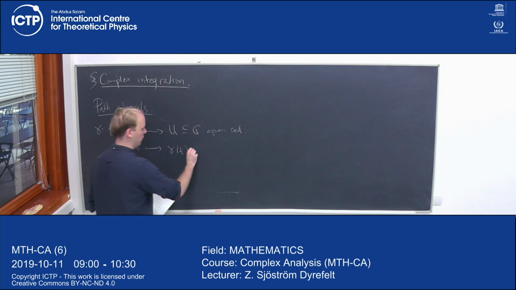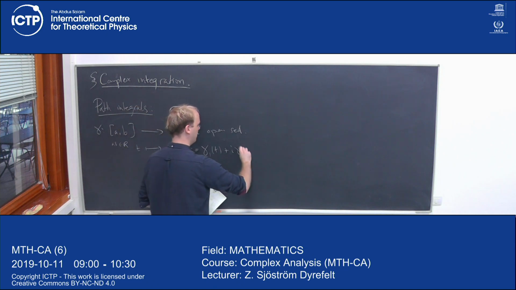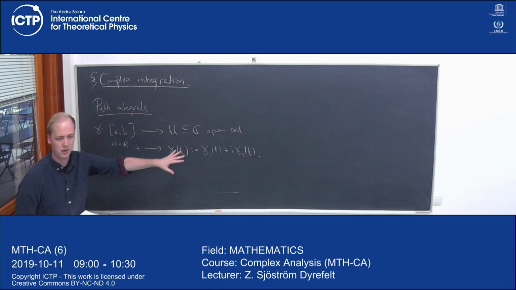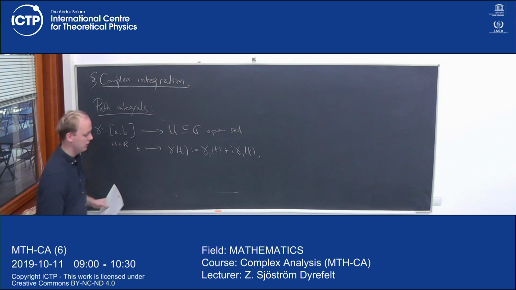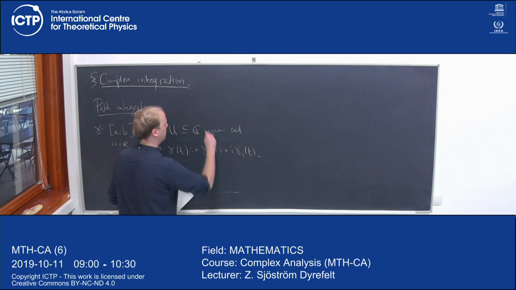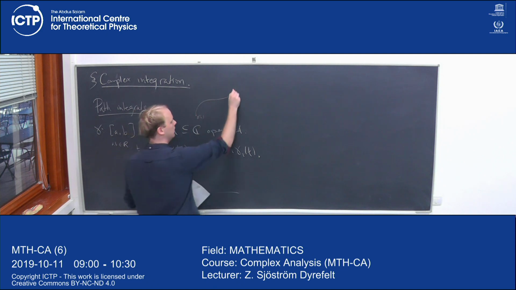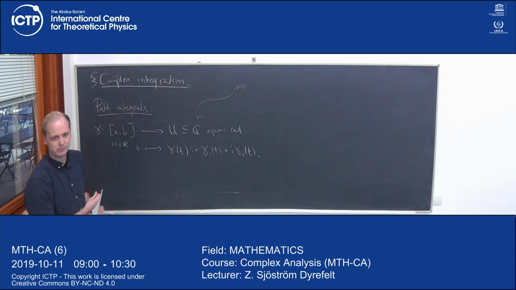Gamma of t, if you want, you can think of as gamma 1 of t plus i gamma 2 of t, where these are real functions. This is complex valued, so this gives you a path. This is gamma of a, this is gamma of b.